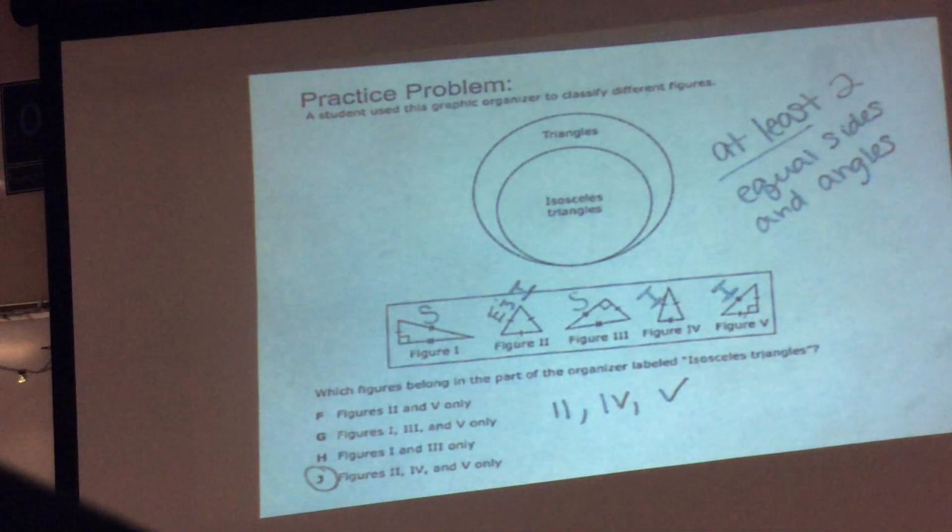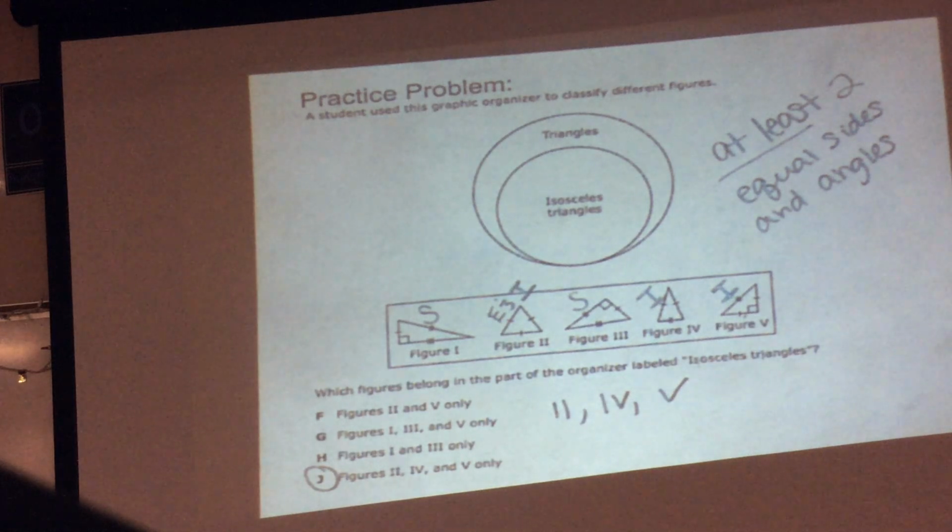Do you have any idea what was the most picked answer? Probably 2 and 5. I think G. I think F. I don't remember off the top of my head, but I will tell you, this is an old STAAR question.